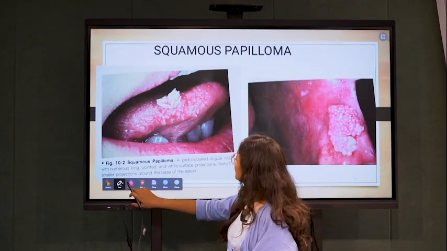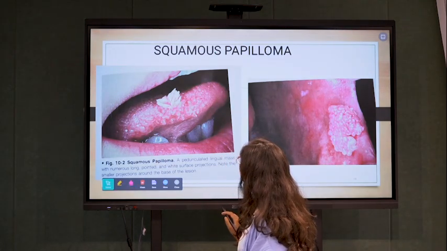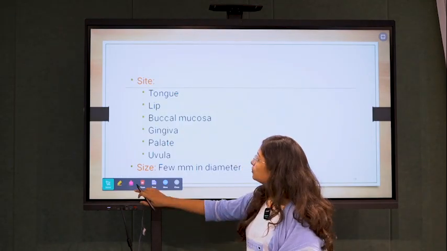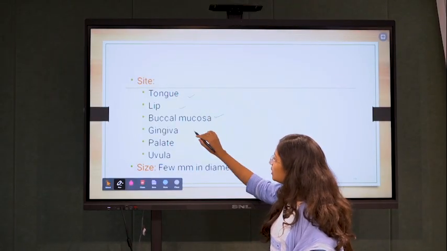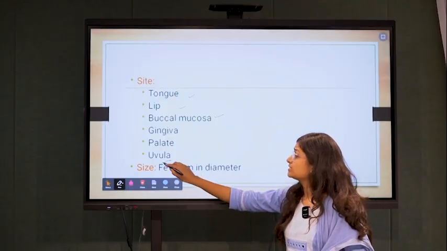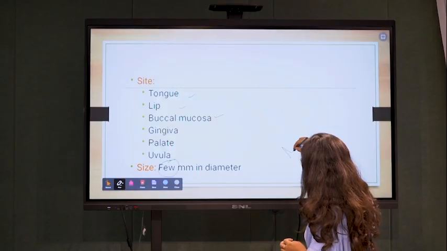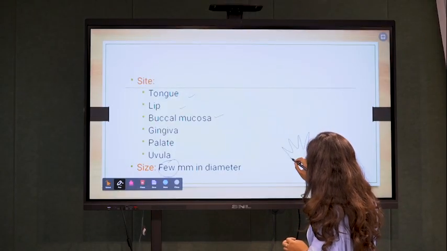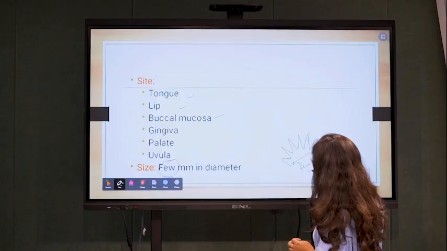The most common sites are tongue, lip, buccal mucosa, gingiva, palate, and uvula, and the size is a few mm in diameter. The diameter of the projection from the base is a few mm.